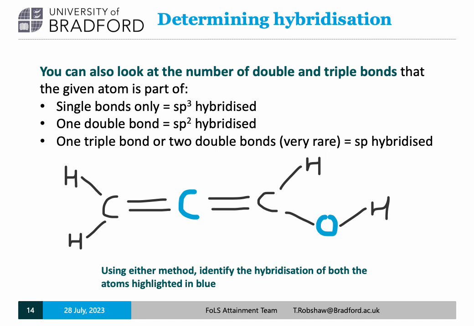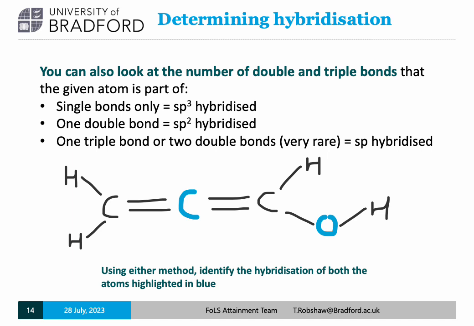But a warning, this rule only works for neutral uncharged atoms, okay? And in common organic molecules, the atoms, particularly the heteroatoms, the non-carbon atoms, they often are charged in kind of standard conditions, biological conditions.